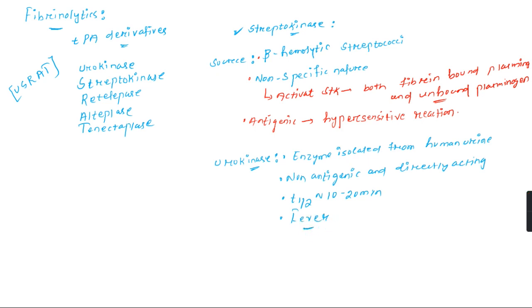Then the next important drug is alteplase. An important point about this is that it is a recombinant tissue plasminogen activator. First important point, it is a recombinant tissue plasminogen activator. It is very much important.